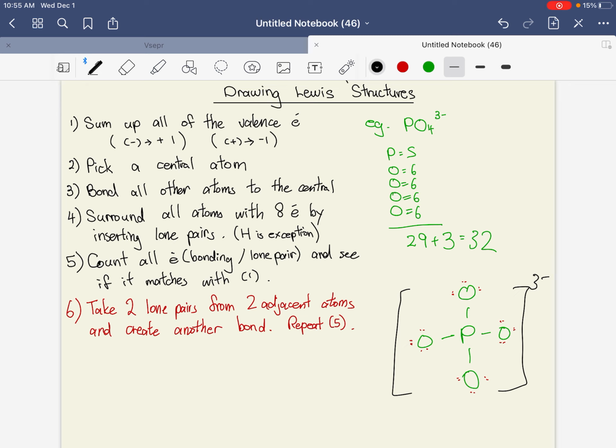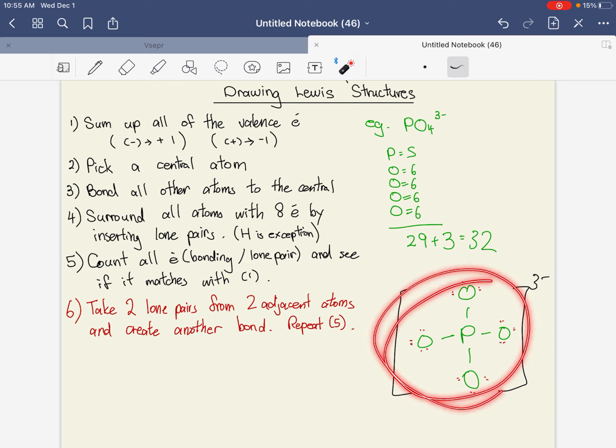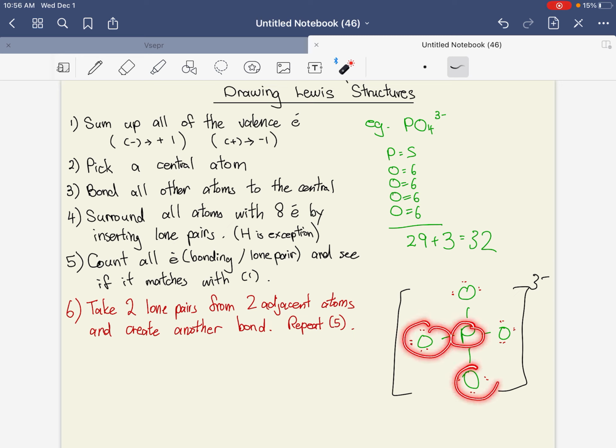Not so good. Not so good. Because in the next lesson, you'll see that phosphate actually doesn't look like this. This right here is a very unstable situation. The reason is every member right here carries some sort of charge. And that's not a good thing.